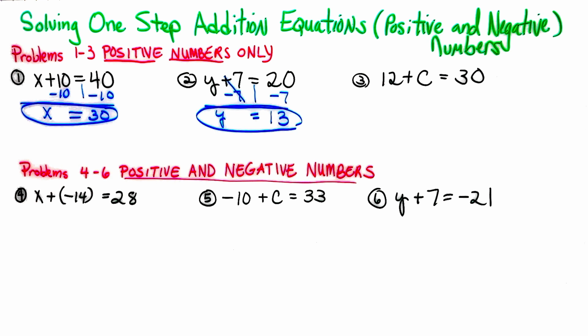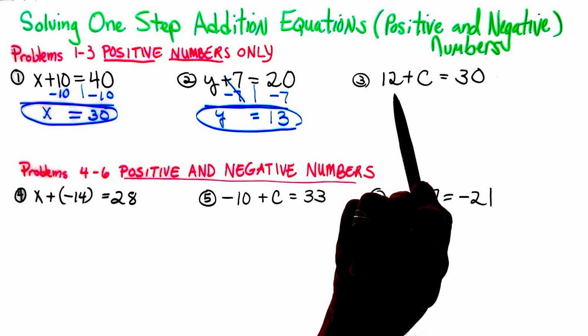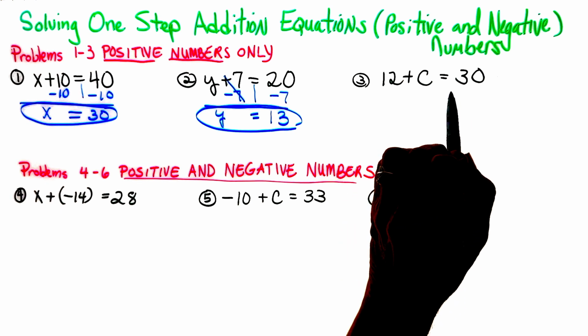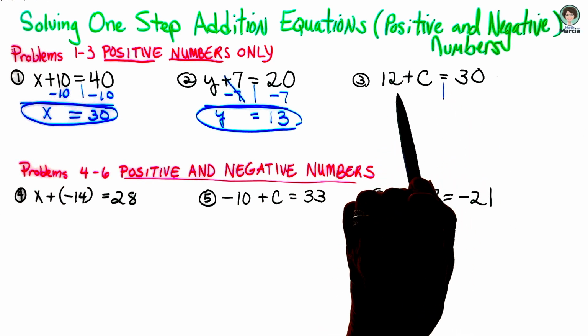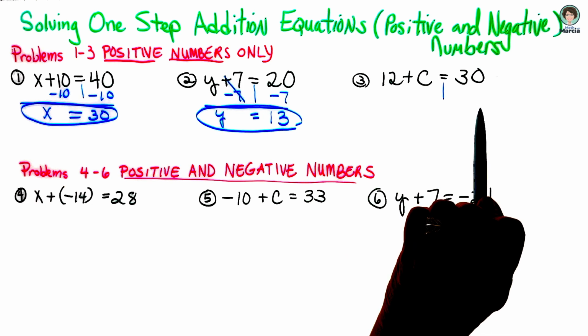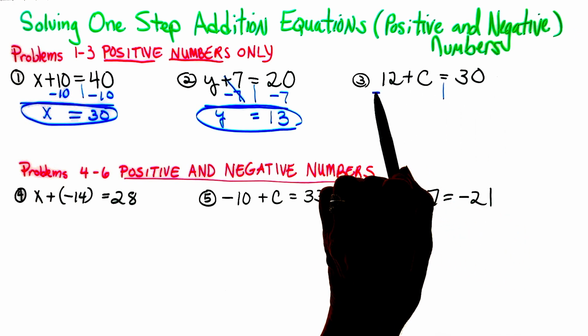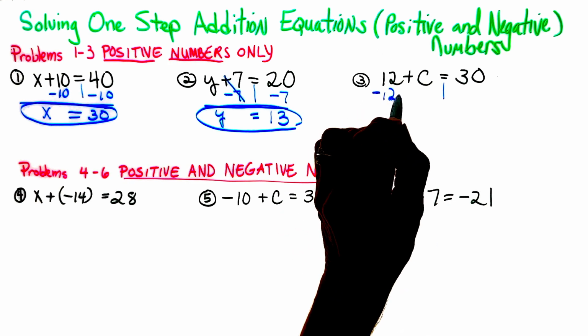All right, let's take a look at the last problem. It's a little bit different. The number is in the front, but it doesn't matter. So we have 12 plus c equals 30. Again, I want to draw a little line so I can see what I am doing on both sides of my equation. So this is an addition problem. That means I am going to subtract 12 from both sides.